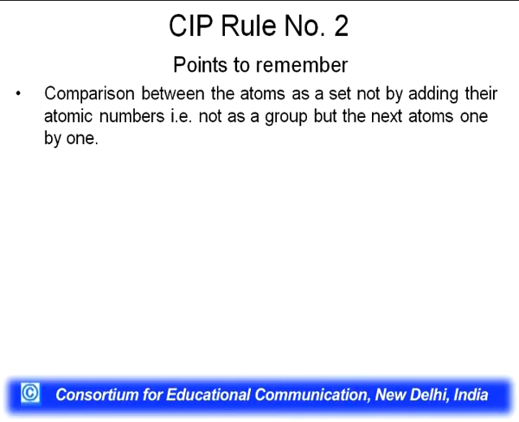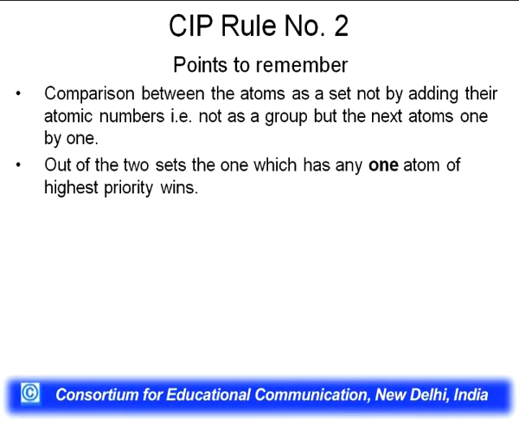What we have to do is see the atoms attached to the carbon which was the same as the other carbon, the 2 red carbons, and just make a set out of those and check one by one.